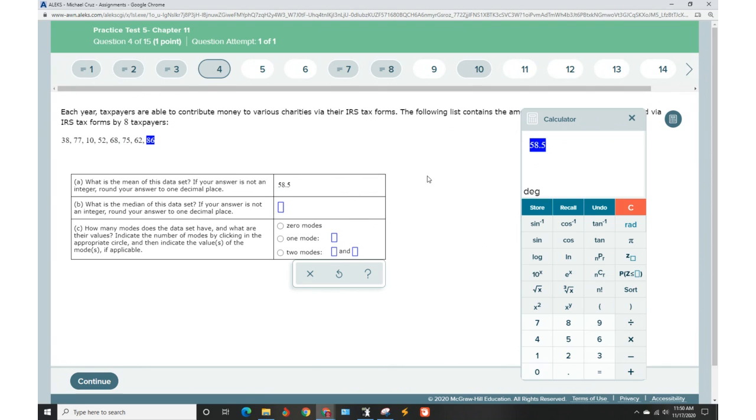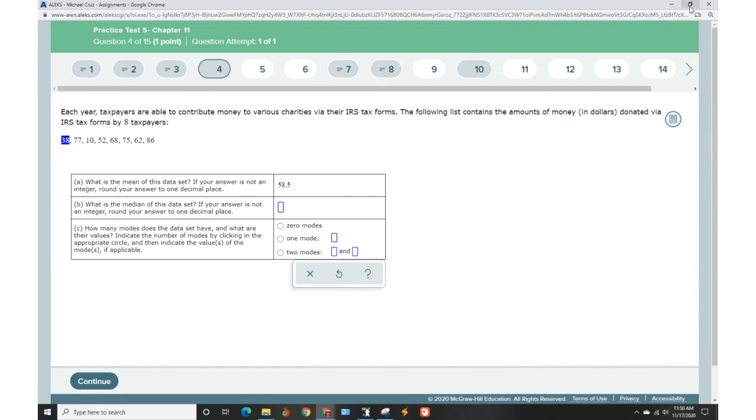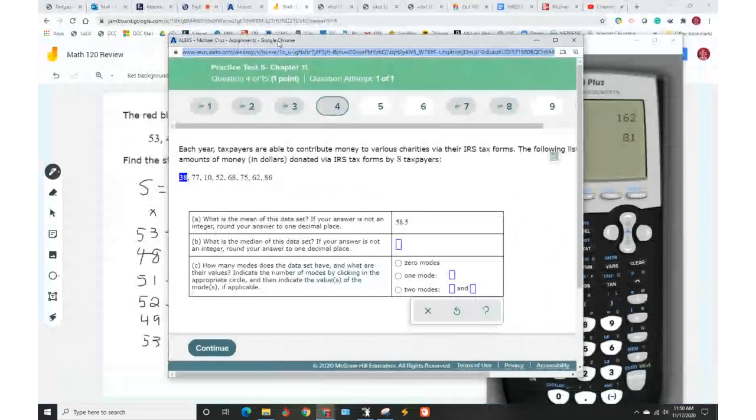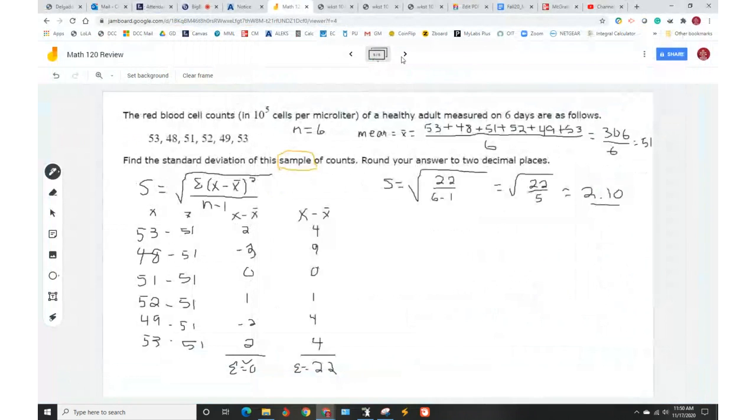All right, any questions about that? That's just a simple old mean. Now the median, let's see. Let me go back over to the board here.